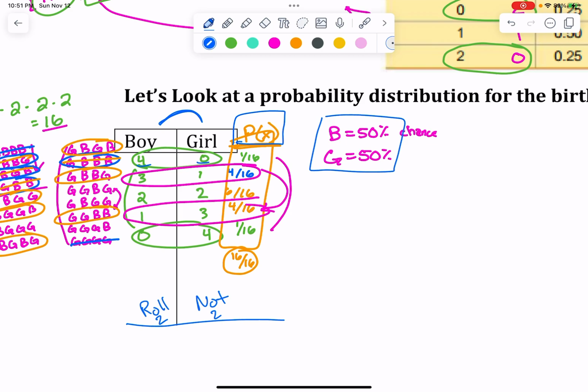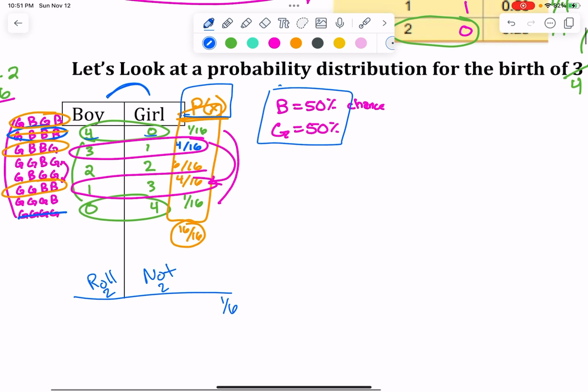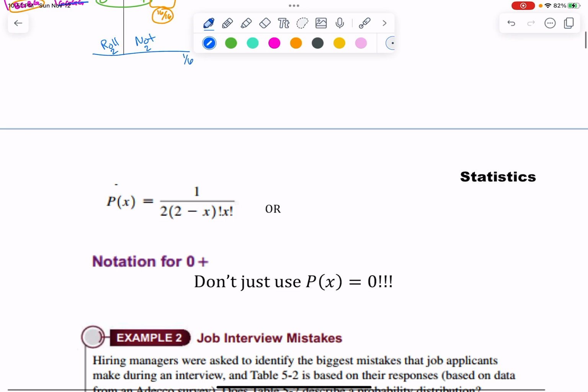Rolling a 2 would be a 1 out of 6 chance of happening, and so your split would not be 50-50. It would be like a sixth, which is 0.16 repeating or something like that. Anyway, you can have probabilities that are not 50-50, and we'll look at those closer, okay?